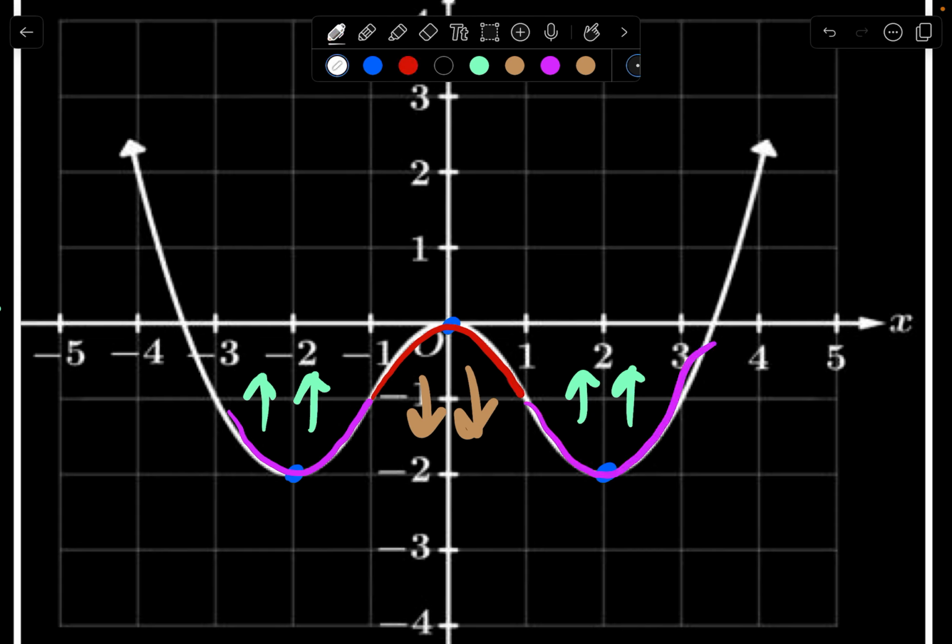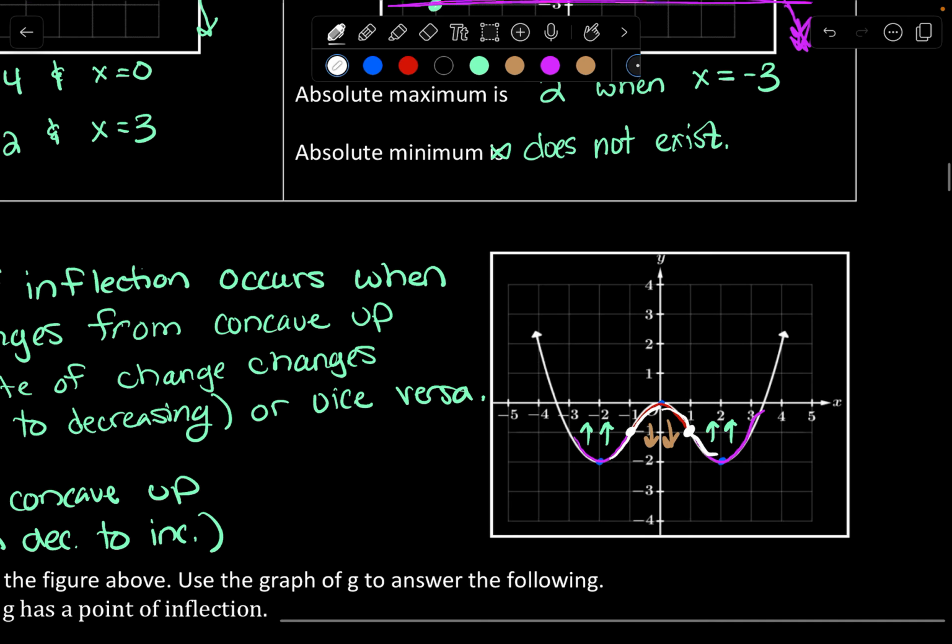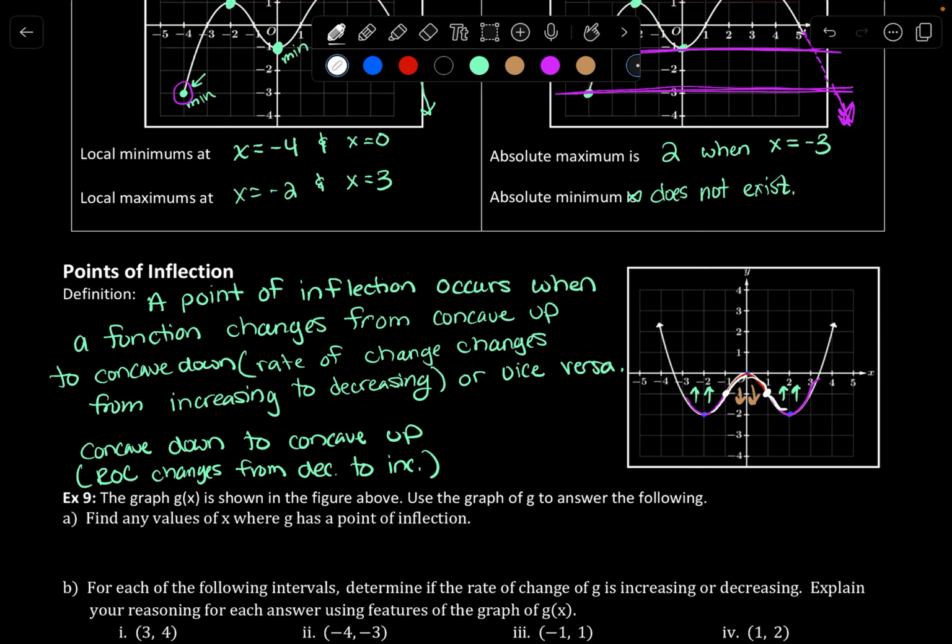So if we look at the points at x equals -1, those are our points of inflection. That is where the concavity is changing, and that is where the rate of change is changing from increasing to decreasing, and then decreasing to increasing. So we're going to have those points of inflection at x equals -1 and x equals +1, which is part A of number 9.